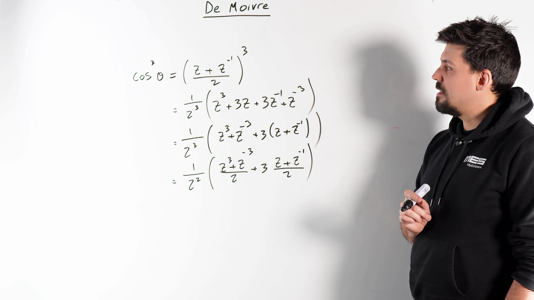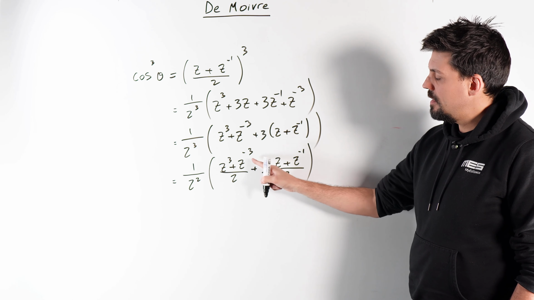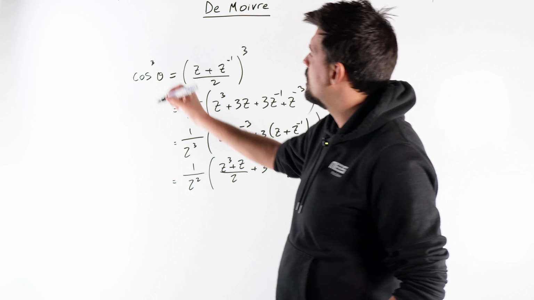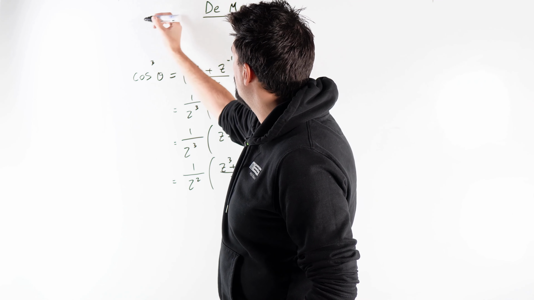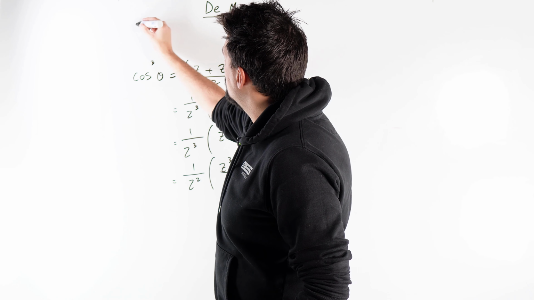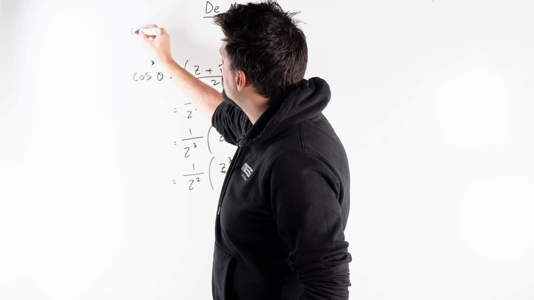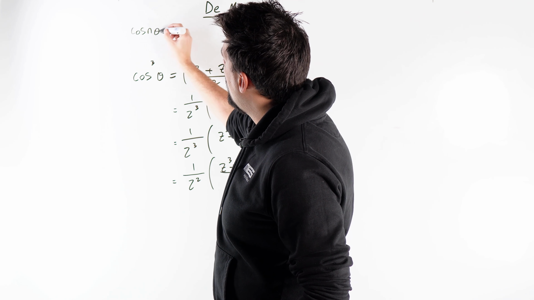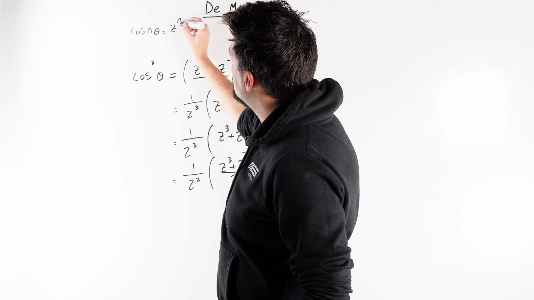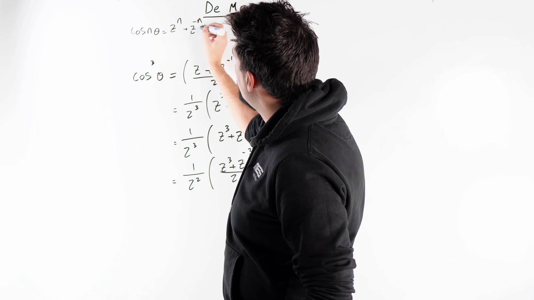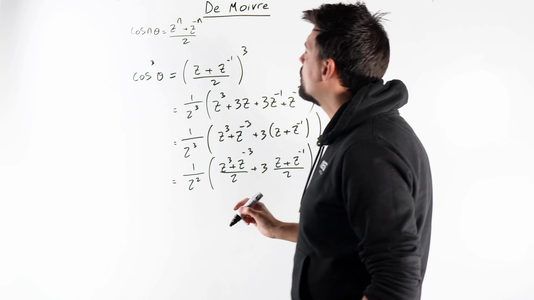Now, what does that tell me? This here, remember that we could also get a version of this where cos n theta is z to the n plus z to the minus n over 2.